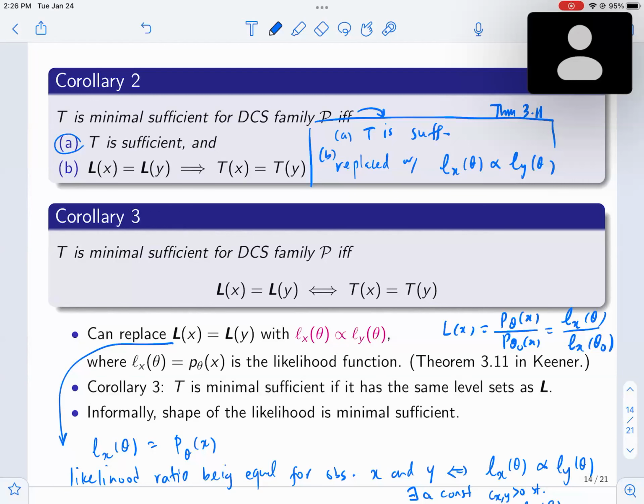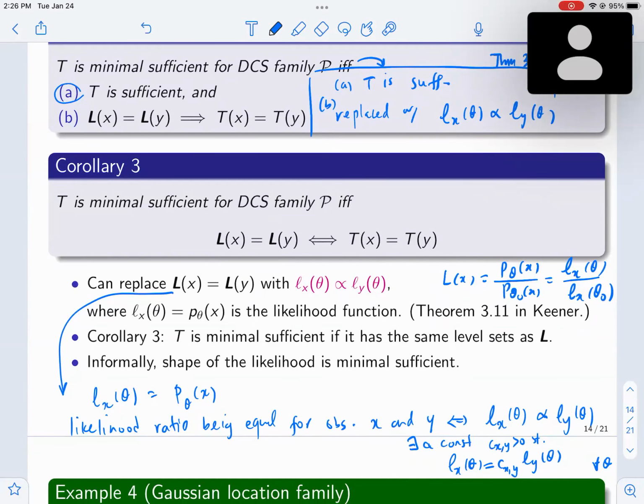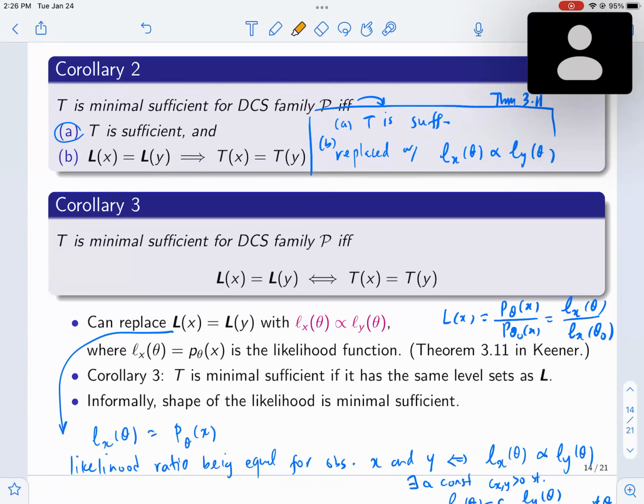Okay, shape means up to a constant factor. I don't care about the factor, but as a function, I think this is what Keener says, shape of the likelihood, whatever you want to interpret it as, as long as you understand what you're doing. The likelihood sort of is minimal sufficient.